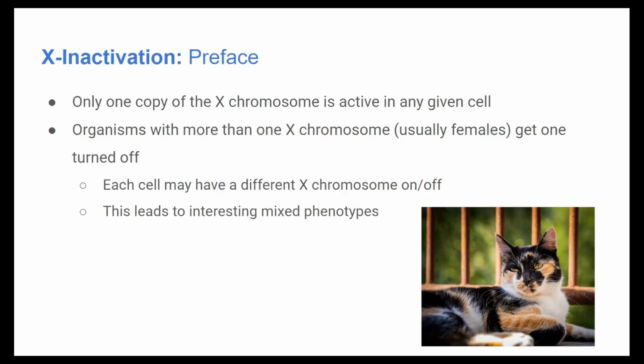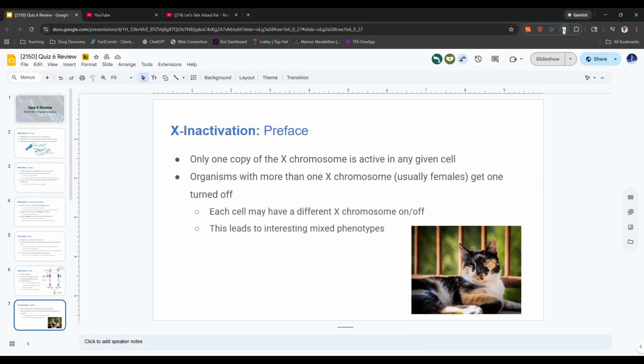Now, the last form of epigenetics we discussed was X inactivation. Only one copy of the X chromosome is active in any given cell. If your genotype is XY, then great, you're going to have that one X active in all of your cells.